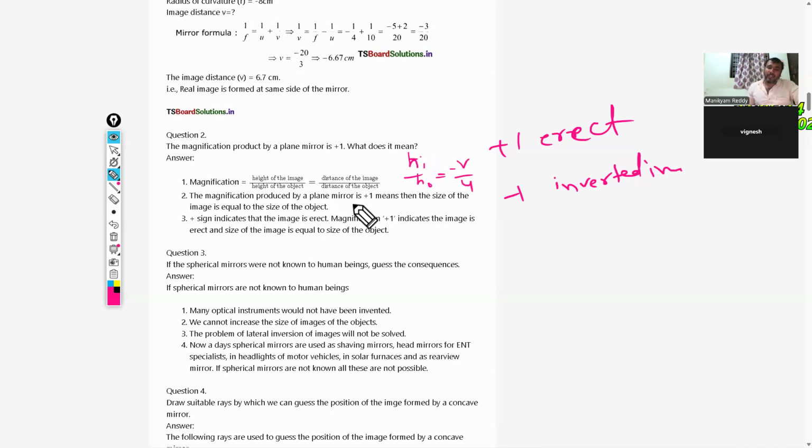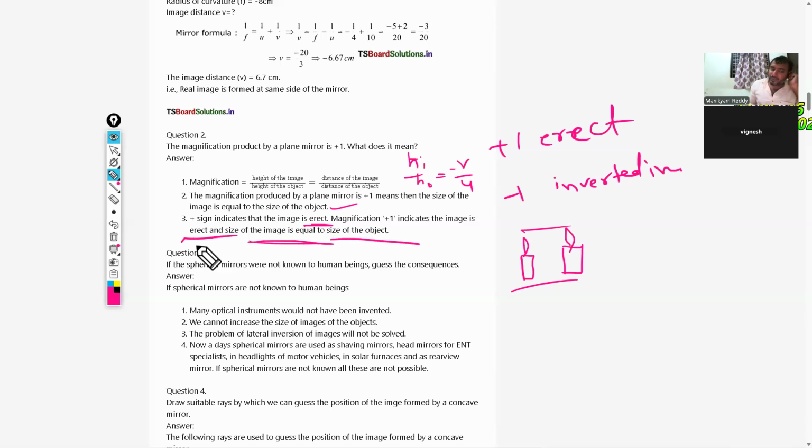Plus 1 means the size of the image is equal to the size of the object. Plus sign indicates erect, meaning straight. The object is kept like this and the image is also formed like this.